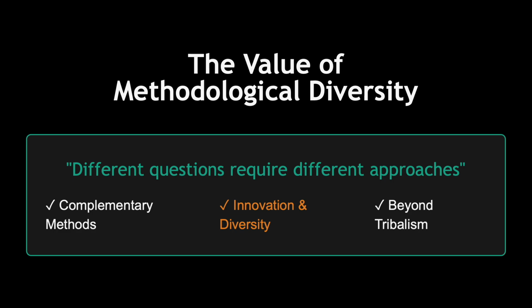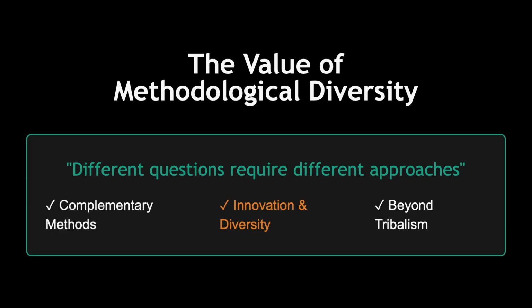When we embrace complementary methods, we strengthen our collective understanding by approaching problems from multiple angles, each revealing different facets of complex phenomena. Innovation and diversity in our methodological approaches leads to breakthrough insights that wouldn't be possible if we remained locked in disciplinary silos.